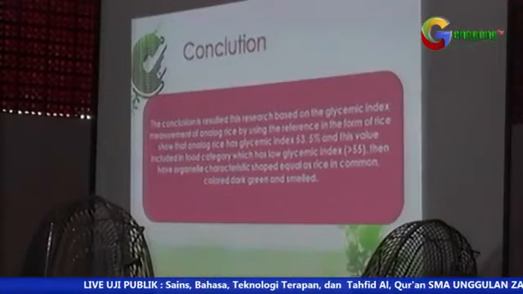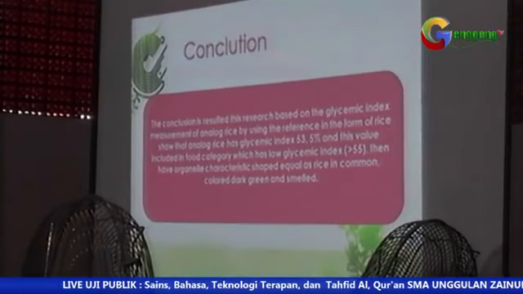By formulation, the glycemic index is the area of the analog rice glycemic index curve divided by the area of the white rice glycemic index curve, multiplied by 100. And from this formulation, our analog rice has a glycemic index value of 53.5%.